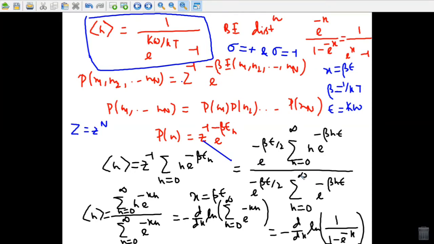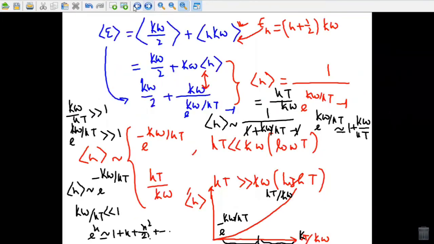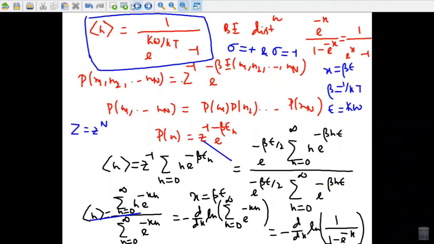So average n can be written as minus d/dx of ln summation n equals 0 to infinity e to the power minus xn, which is minus d/dx of ln 1 upon 1 minus e to the power minus x, which is nothing but e to the power minus x divided by 1 minus e to the power minus x, which is 1 upon e to the power x minus 1, right?